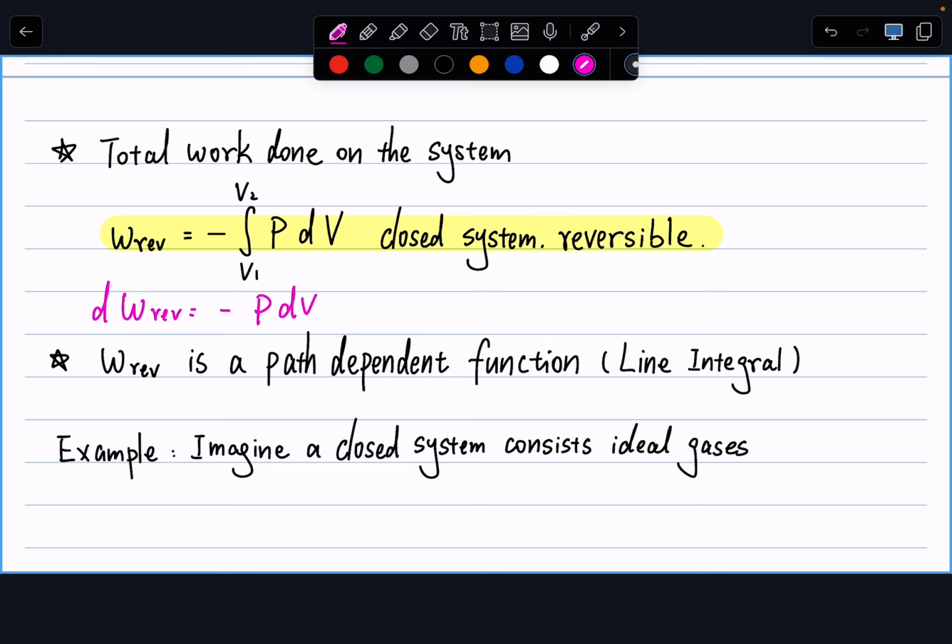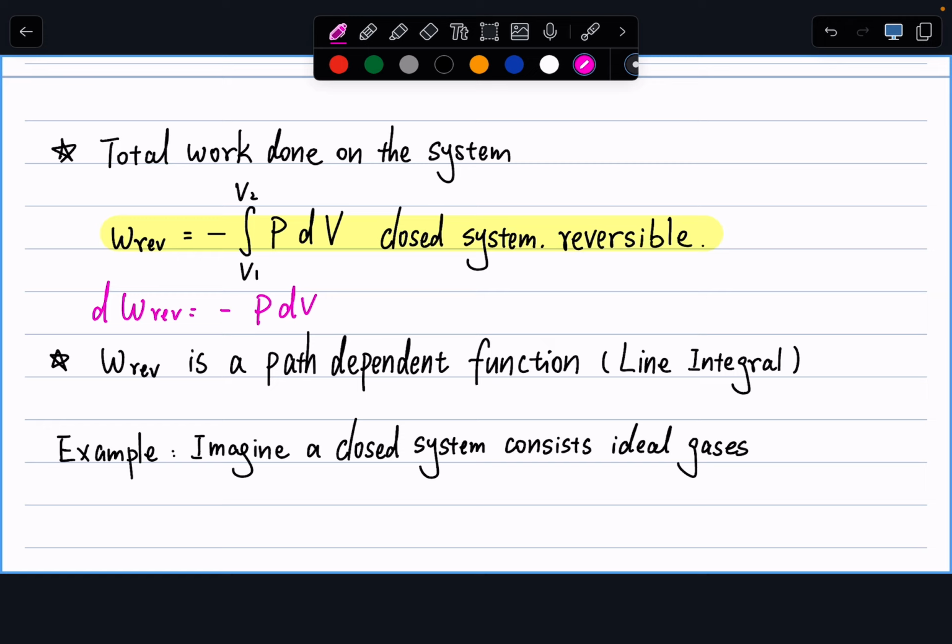So let's imagine two different systems. Imagine we're talking about reversible PV work in a closed system, and let's imagine two different scenarios.